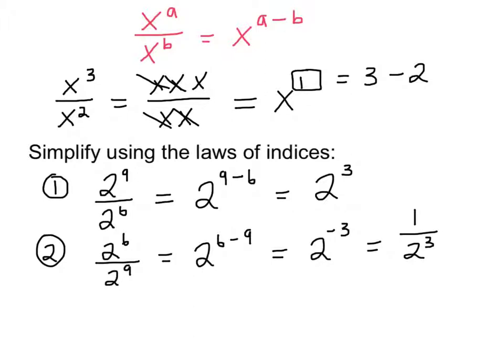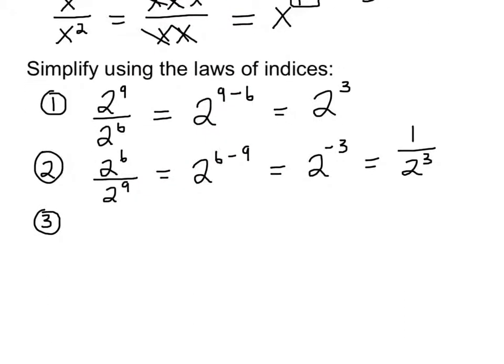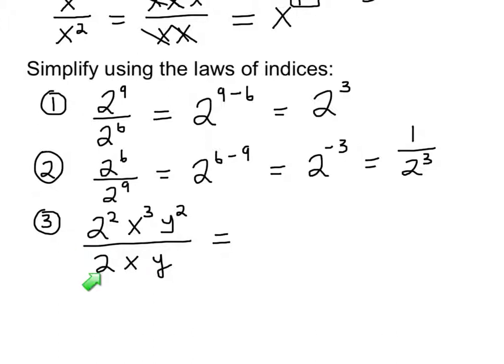Okay. Likewise, just like before, we can have multiple values. So let me move down a little bit and look at one that has multiple values. Something like 2 to the power of 2 times x cubed y squared divided by 2xy, let's say. Now again, remember that you can only simplify when the base is the same. The base is the same for 3 sets of values in here.